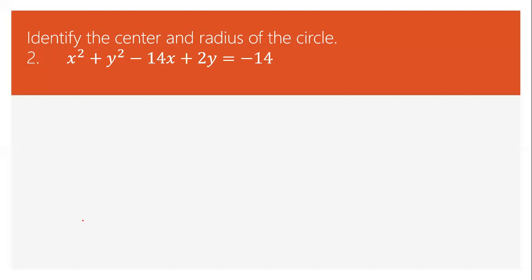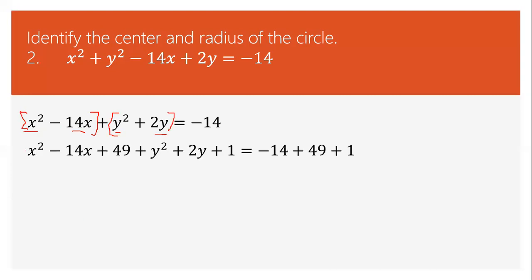Next example: x squared plus y squared minus 14x plus 2y equals negative 14. Combine like terms: x squared minus 14x plus y squared plus 2y equals negative 14. So this is the x group and then this is the y group.